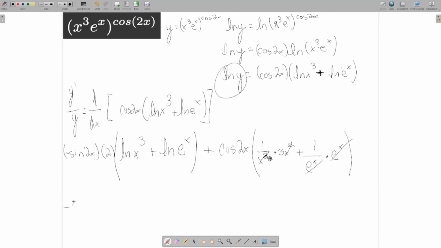negative 2 sine 2x times the natural log of x cubed plus natural log of e to the x, plus cosine of 2x times 3 over x plus 1.